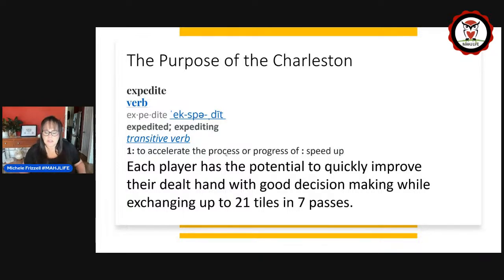And I just want to mention every now and then I hear or see posts on social media about groups that will either omit the Charleston completely or omit the second Charleston because they just don't think that it has value. But this is part of the game for a reason. And it's one of the big differentiators in American Mah Jongg.